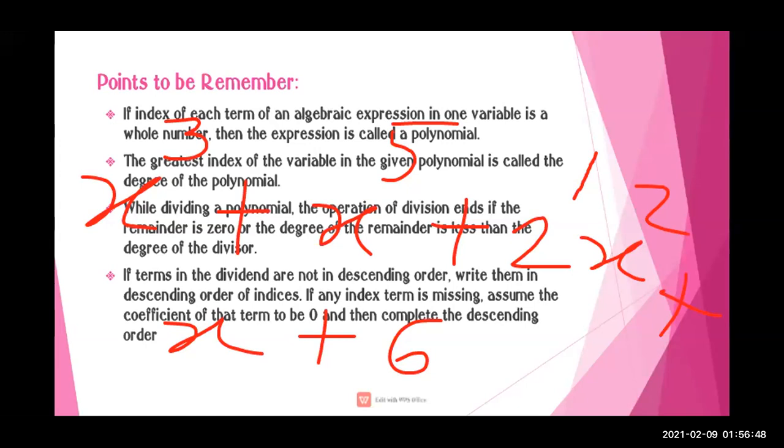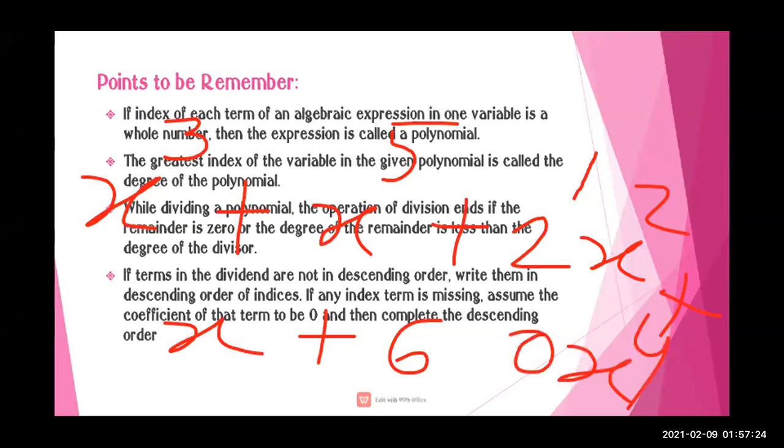So the last point that is written: if terms in the dividend are not in descending order, write them in descending order of indices. If any index is missing, assume that the coefficient of that term is 0, and then complete the descending order. If something is missing, in the place of the coefficient you will put 0, and then write 0x^4.